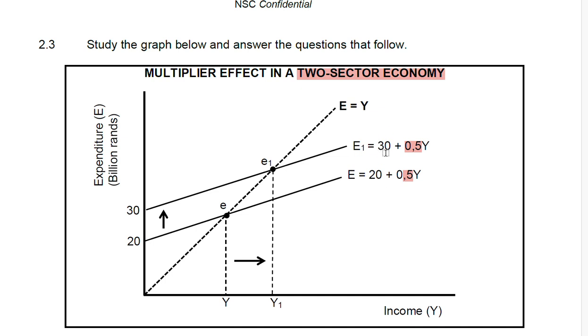You're going to say 30 divided by 0.5, which is your Y1, minus your Y. And your Y is going to be 20 divided by 0.5. So the first one will be 60 and the second one will be 40. Now 60 minus 40 will give you 20, and then you get all your marks.